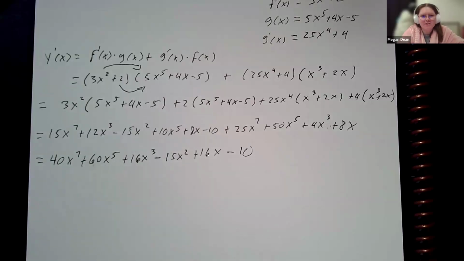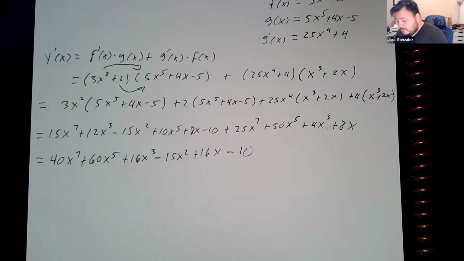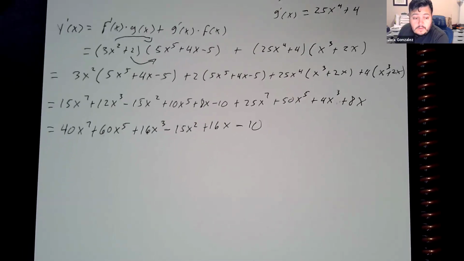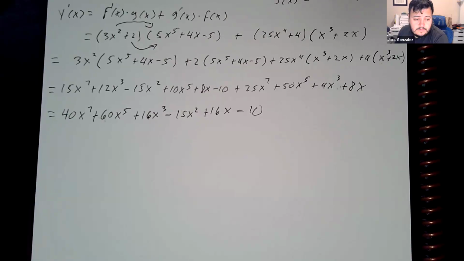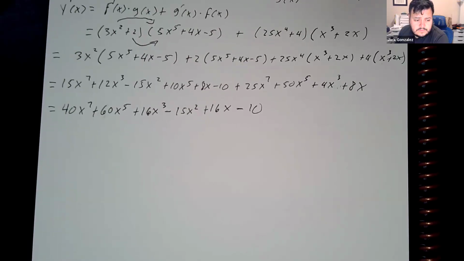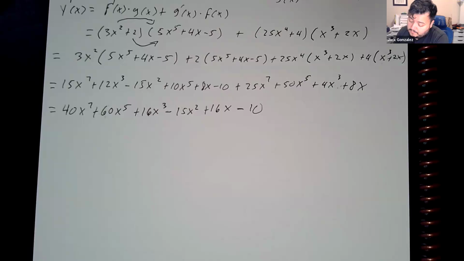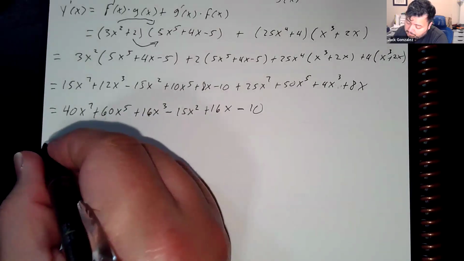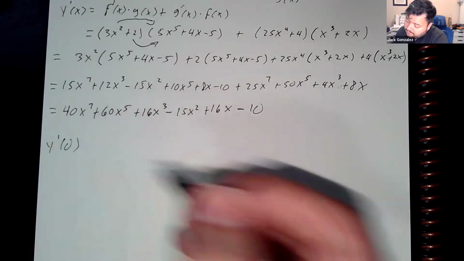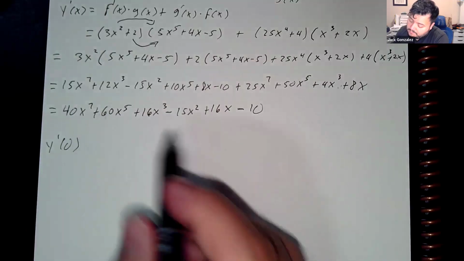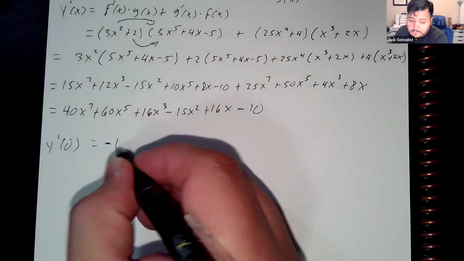That's the same answer I got. That makes me feel better. Now, that's our derivative, that's y prime. So now y prime at 0. Everything would zero out except negative 10, right?